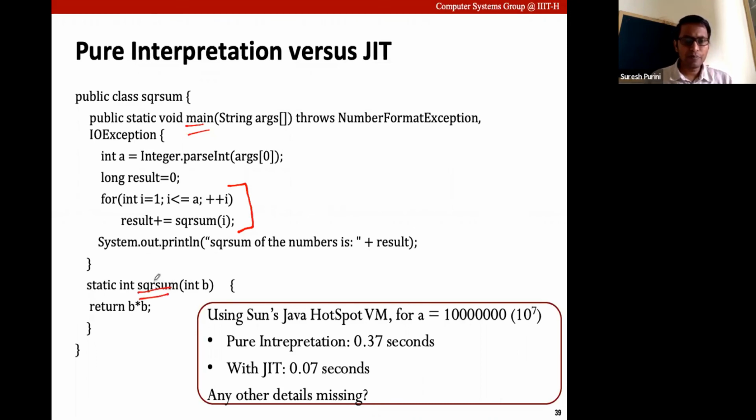Since this loop is a hotspot, the function call that it is making, square sum, also becomes a hotspot. If you run this program in pure interpretation mode when A is set to 10 million, it takes 0.37 seconds to execute. But if I enable hotspotting, JIT means just in time compilation.